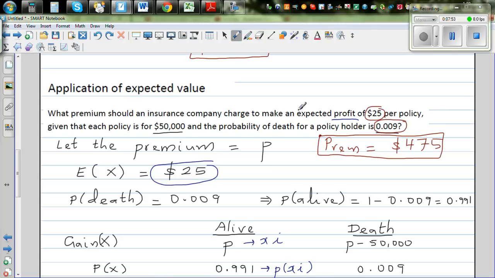That's the whole example about the application of expected value in calculating premiums.